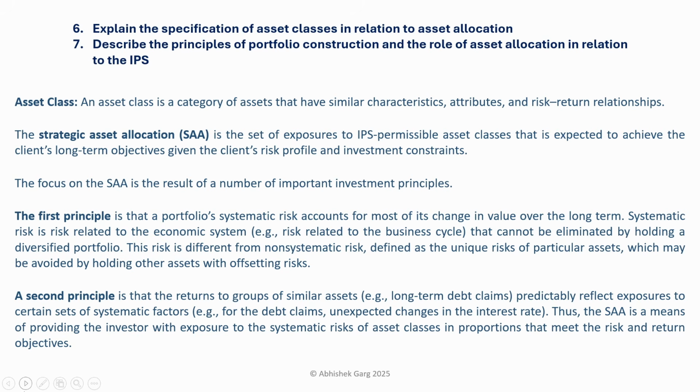So these are all your systematic factors. So a strategic asset allocation is basically providing the investor with exposure to systematic risk of asset classes in proportion that meets your risk and return objectives. Depending upon the client's risk and return objectives, we define the exposures to different asset classes or to different systematic risk factors.